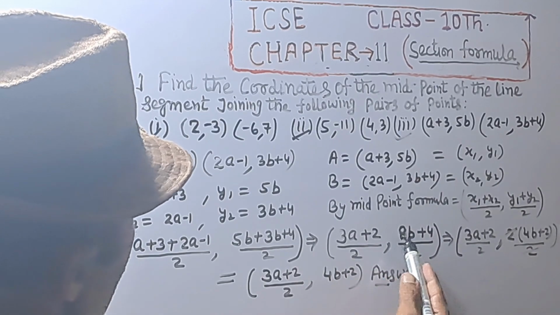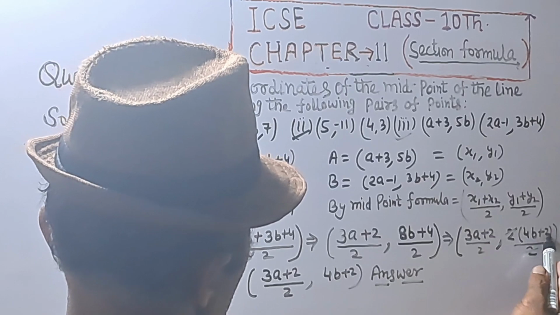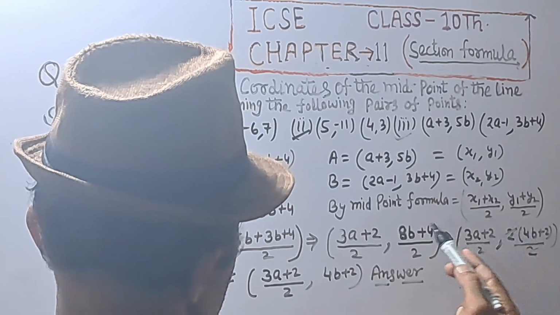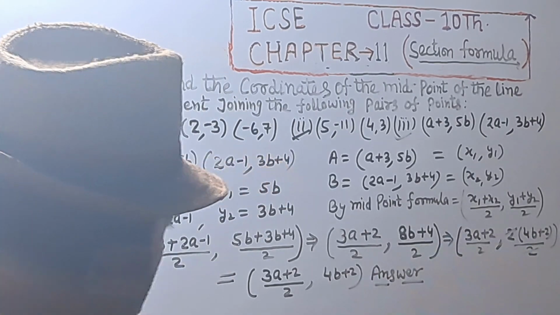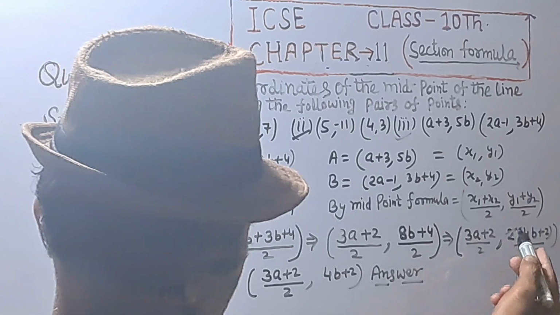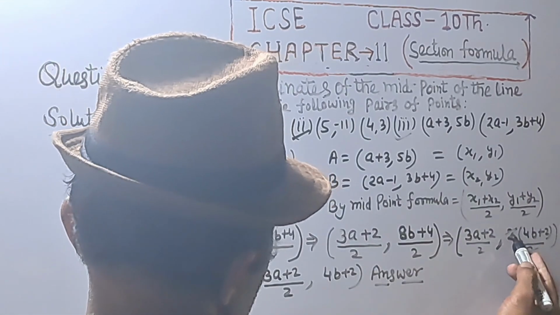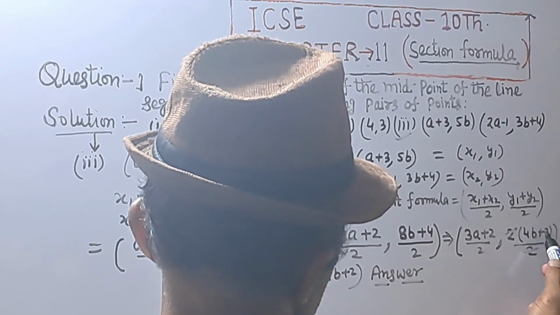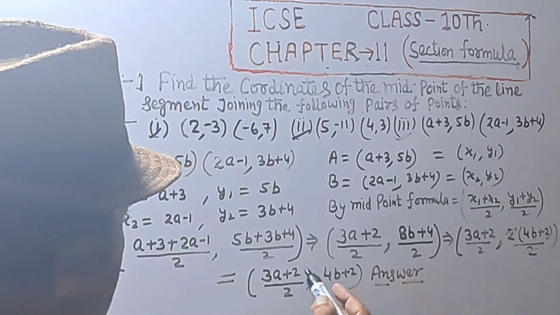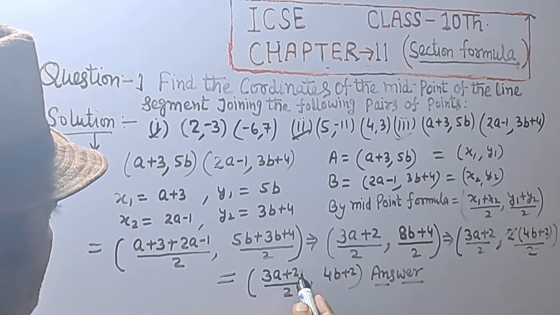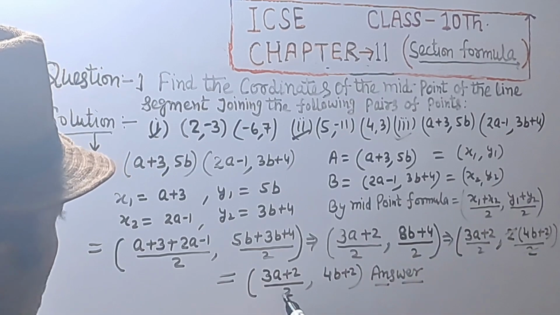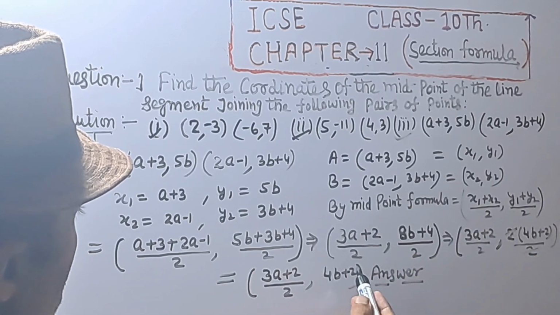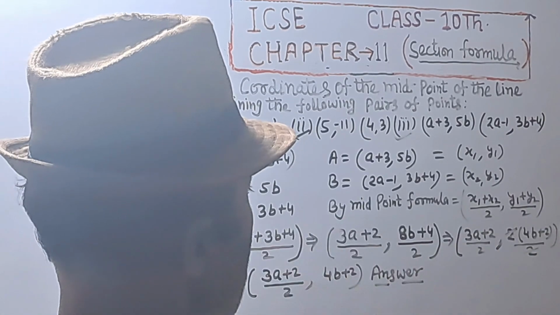We take common 2 in bracket 4b plus 2. 2 4s are 8 and 2 2s are 4. 2 is taken common and 2 divided by 2 is equal to 1, and 4b plus 2. So the required point is 3a plus 2 divided by 2, 4b plus 2. Answer. Thank you.